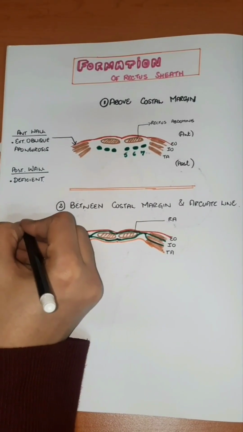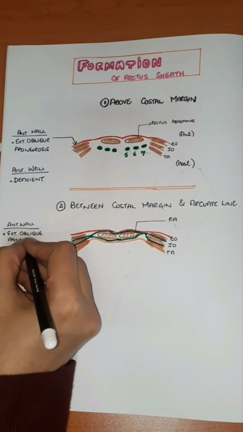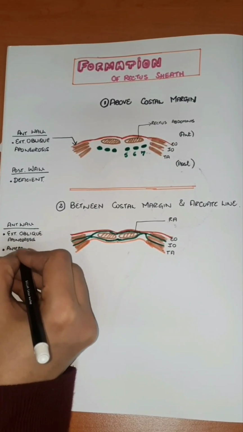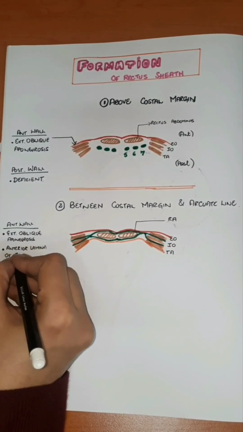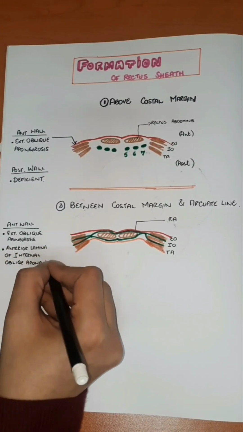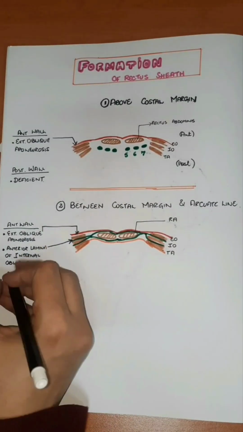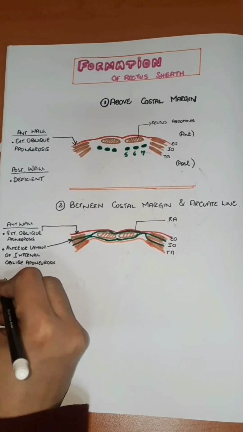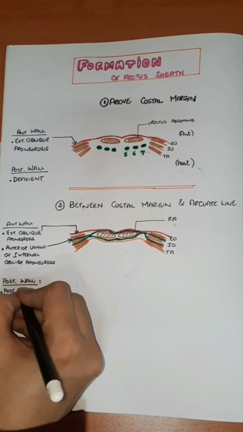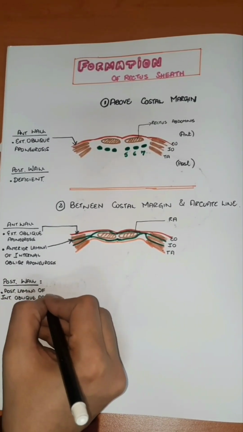Transversus abdominis muscle contributes in the posterior wall formation along with the internal oblique. So the posterior wall is contributed by the posterior lamina of the internal oblique aponeurosis along with the aponeurosis of the transversus abdominis muscle.